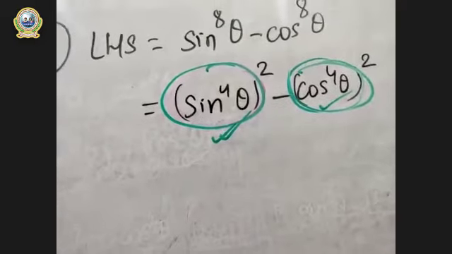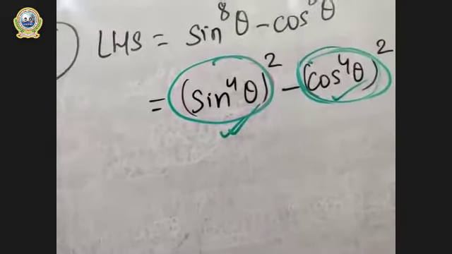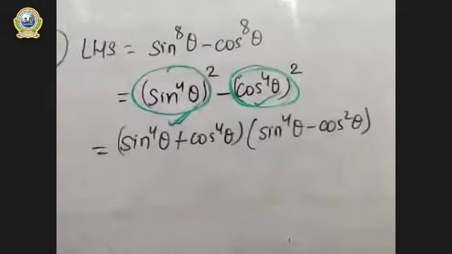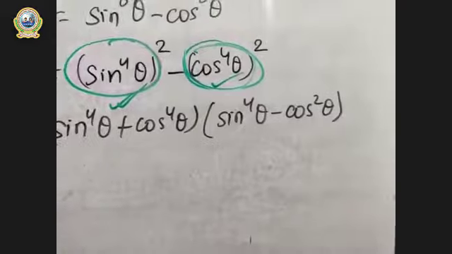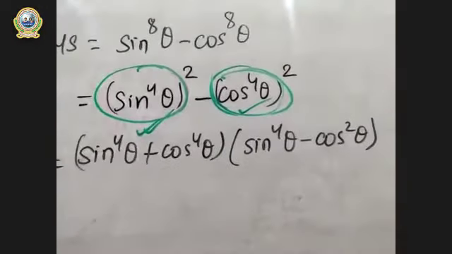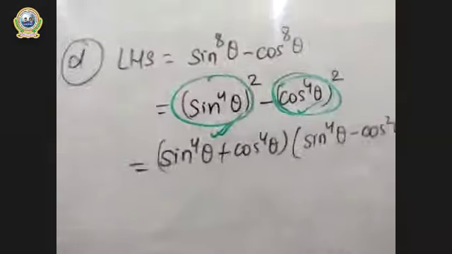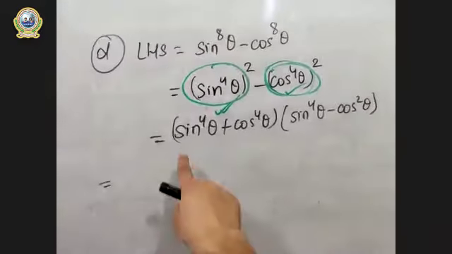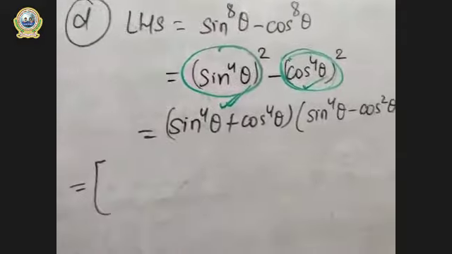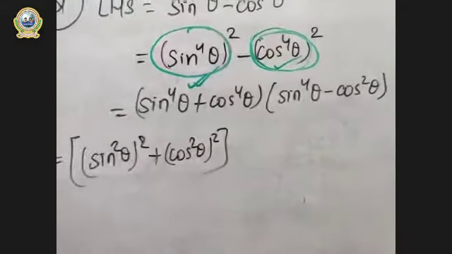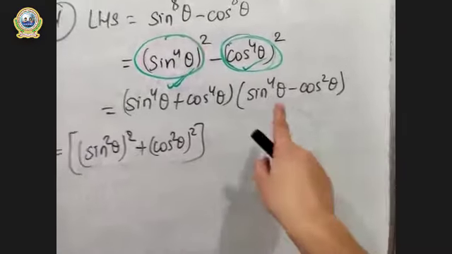Now you might write a plus b and a minus b. Are you clear? A plus b, a minus b. Or you could have written a minus b, a plus b. That does not make any difference. Are you clear up to here?